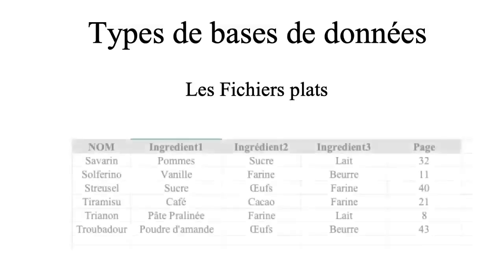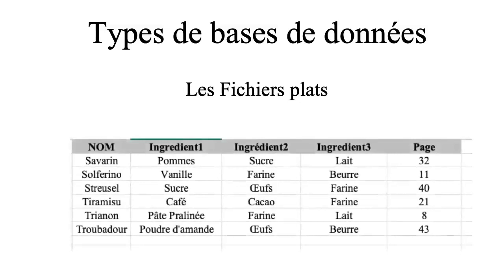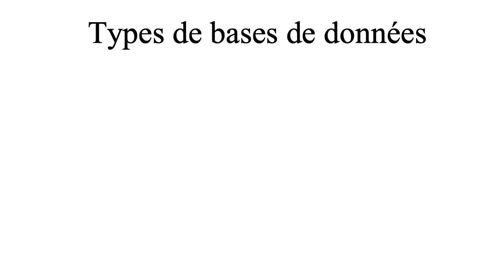There are various types of databases, such as flat files or text-oriented databases, like Excel spreadsheets. In this case, recipes can be sorted in alphabetical order or by ingredients. There are also document-oriented databases, known as NoSQL, or not only SQL.